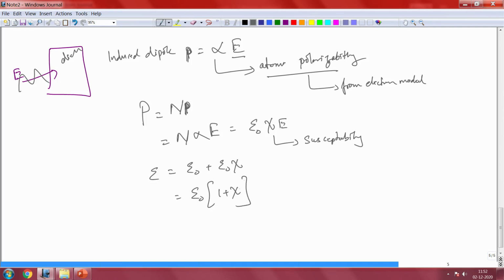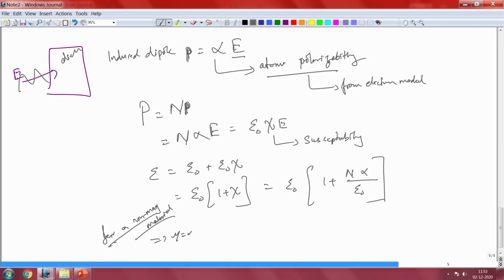And from the earlier equation we could write 1 plus n alpha over epsilon naught. For a non-magnetic material, let's say, what happens?